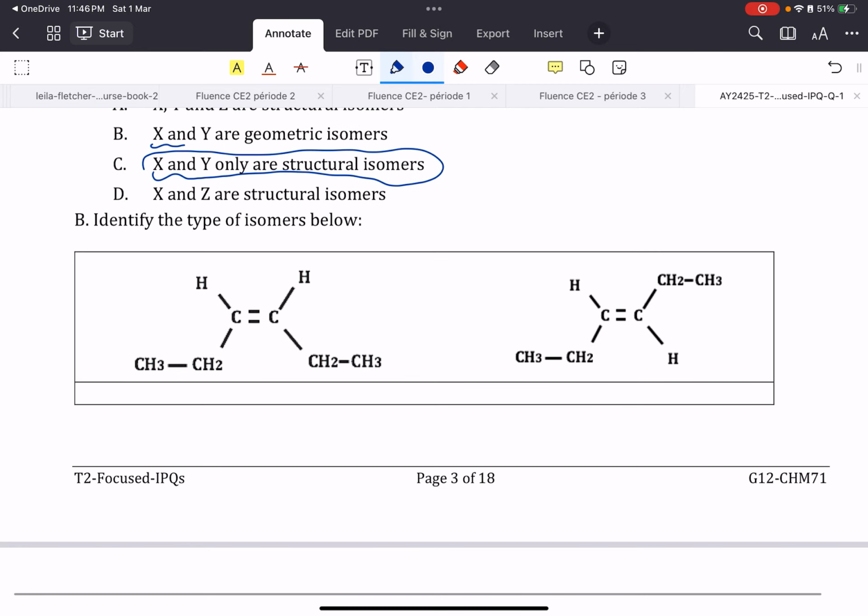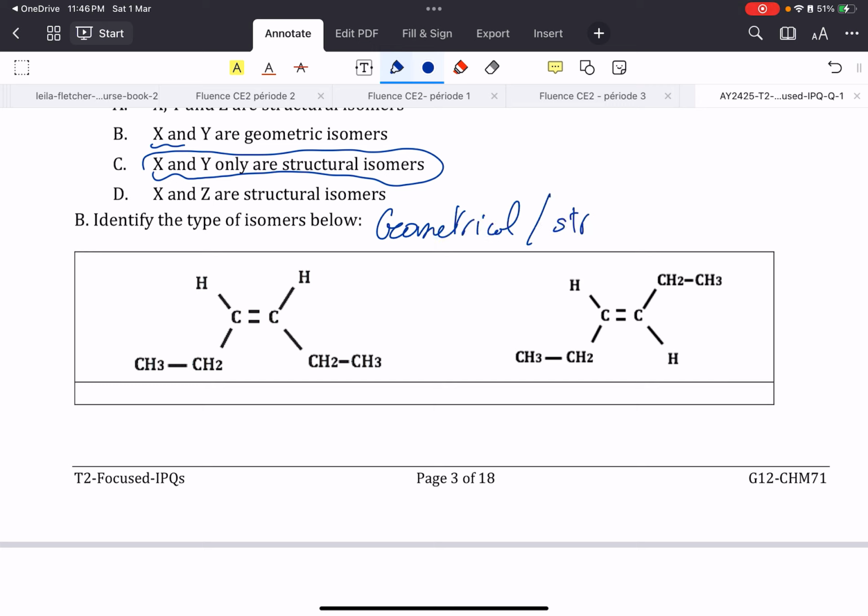Next question. Identify the type of isomers. The type of isomers could be geometrical or structural or not isomers, meaning the compounds would be identical. So let's first look at the first example. Here's the double bond.